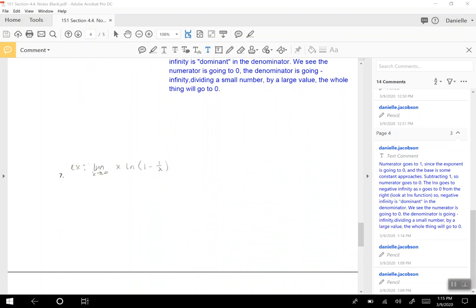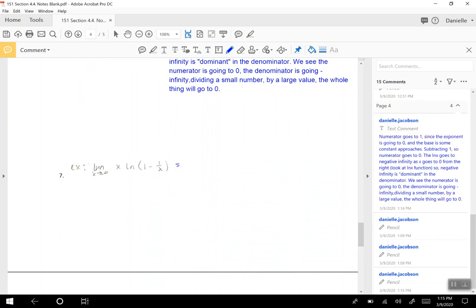So what we're going to have to do is first get this in fraction form so we can use L'Hopital's rule, and then we'll use L'Hopital's rule. So this is equivalent to the limit as x goes to negative infinity of ln of 1 minus 1 over x, all divided by 1 over x.